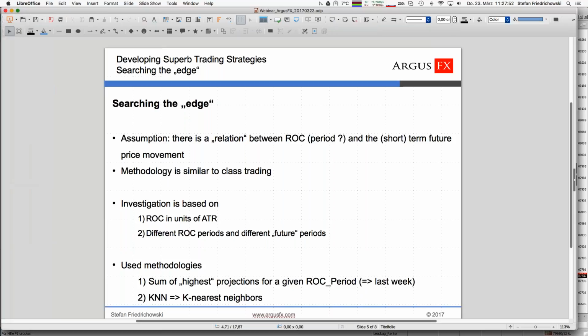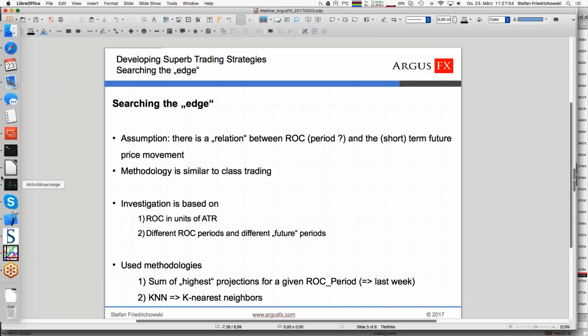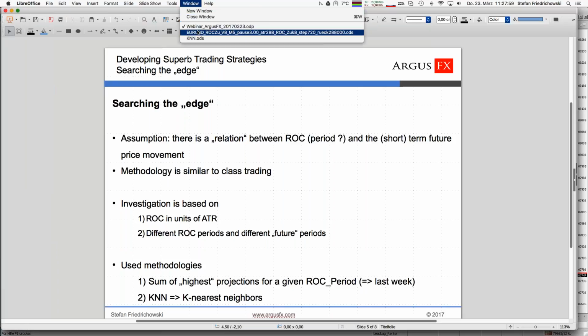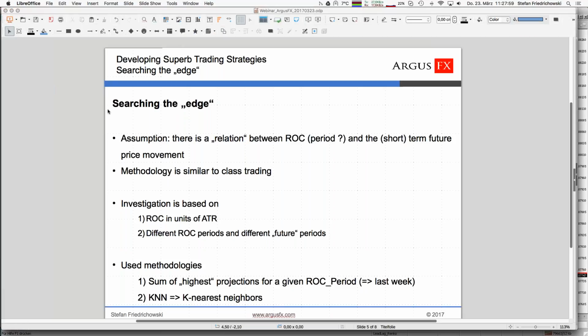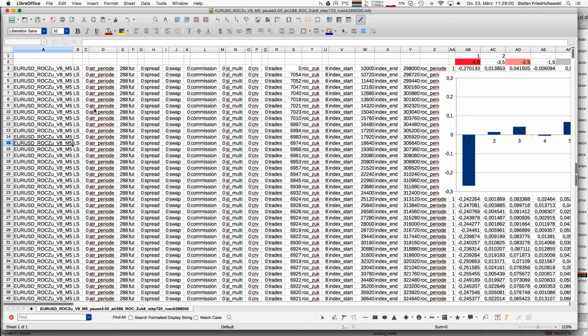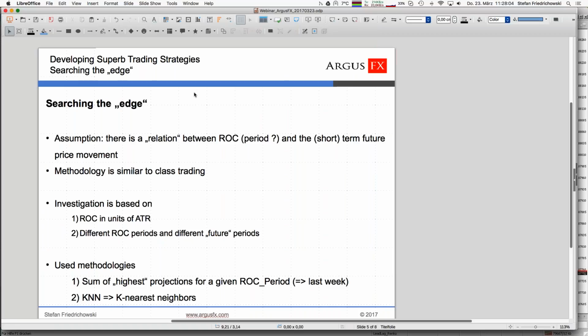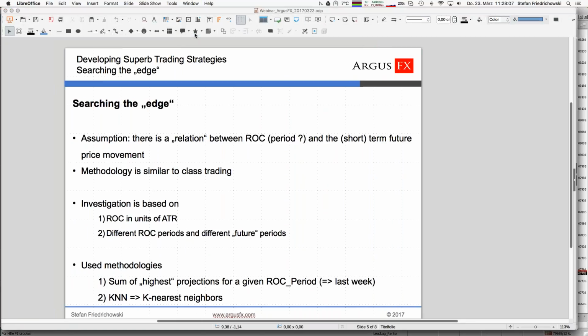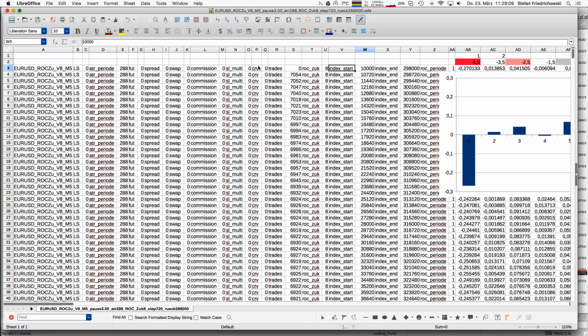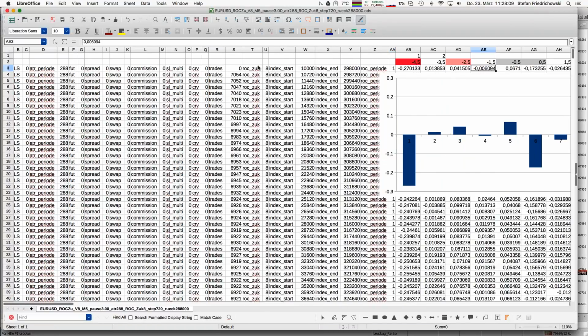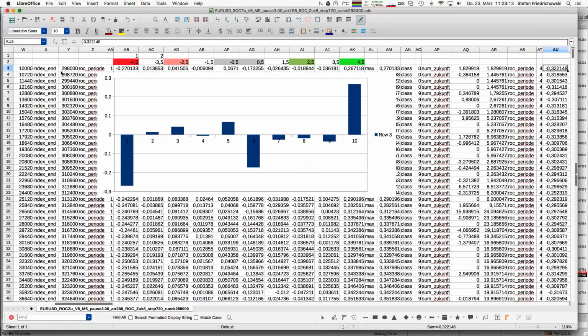First, and then I come to the next topic, K nearest neighbors. So we started with something like this. One line is one point in the history.